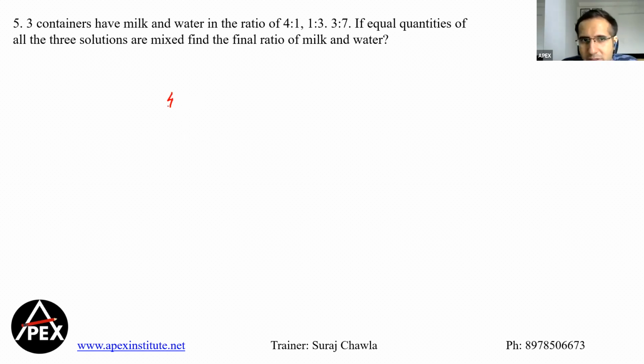So 4:1, that means I want 5 parts. And this is 1:3. That means I want 4 parts. And this is 3:7. That is 10 parts. So 5, 4, and 10.